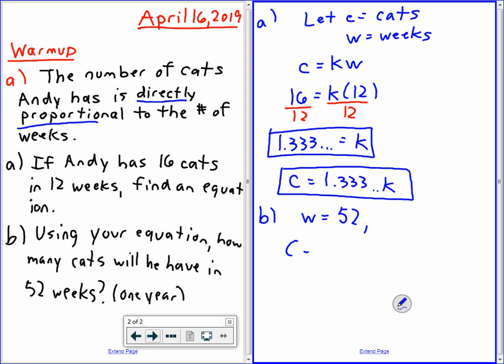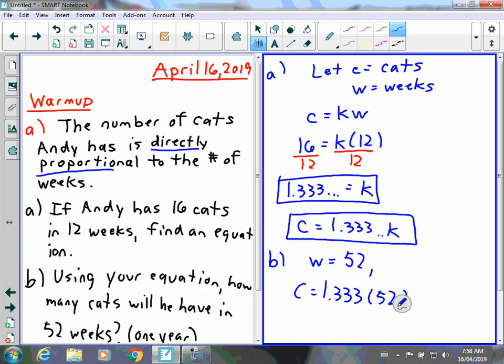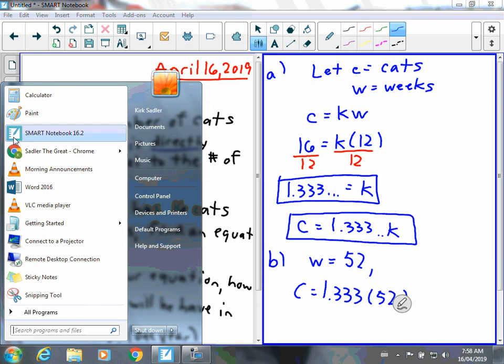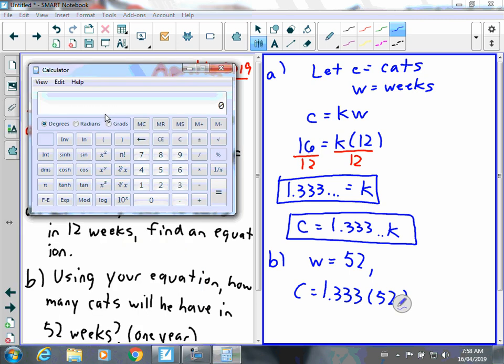Therefore, C is going to be 1.333 times 52, which I don't have a calculator. I'll try and do it in my head, 4/3. I can't do that in my head. Sorry about this. Calculator, where are you? Okay, so it's 52 times, and it was really 4/3, so I'm going to do that. It should be 69.3 cats.